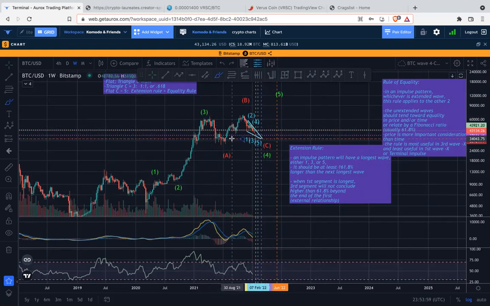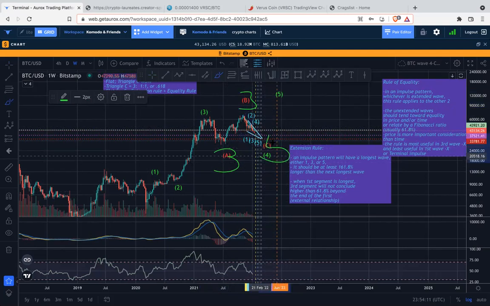That's a corrective move, and a trending move, an impulse, is a 5. So in this case, we would have a 3 for the A wave, a 3 for the B wave, and a 5 for the C wave. That means this C wave would be some form of impulse of some character. That's why we're thinking of the extension rule here, specifically for this C wave.